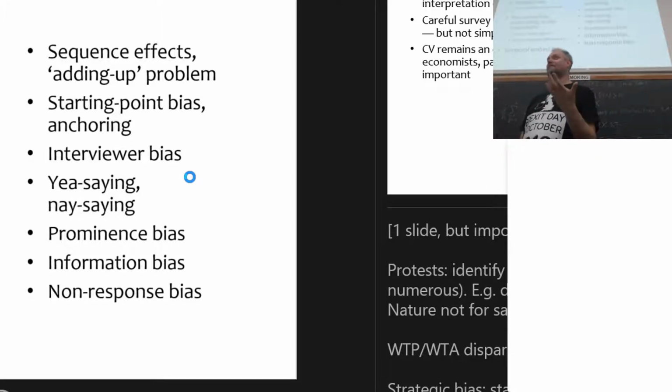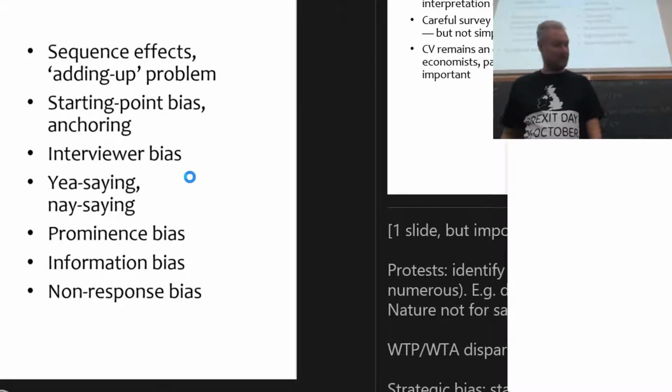The reason for that was that the suggestion was we're going to raise taxes to pay for the cleanup of the Baltic Sea, and Lithuanians in Poland don't trust the Polish government. Nothing to do with them being Lithuanian, because when they were in Lithuania they did trust their government, and the Poles in Poland do trust their government, but the Lithuanians in Poland do not. And that is what you may be picking up rather than the valuation.